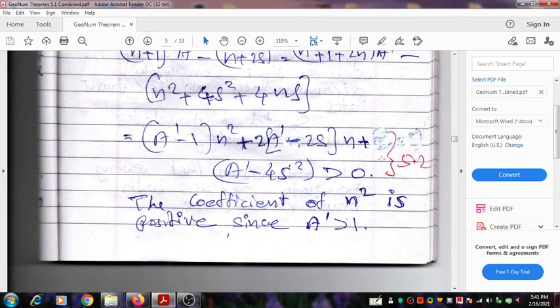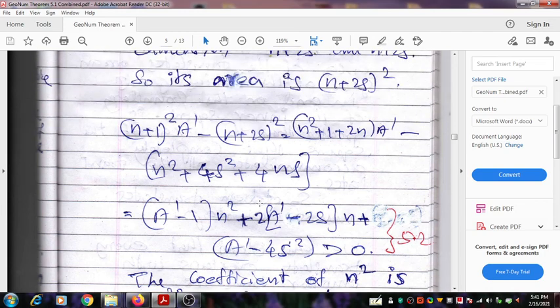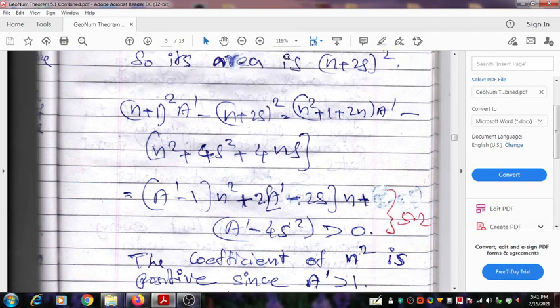You cannot write that it is greater than 0 without that assumption. At this point I am going to tell you about that assumption. What is our assumption?